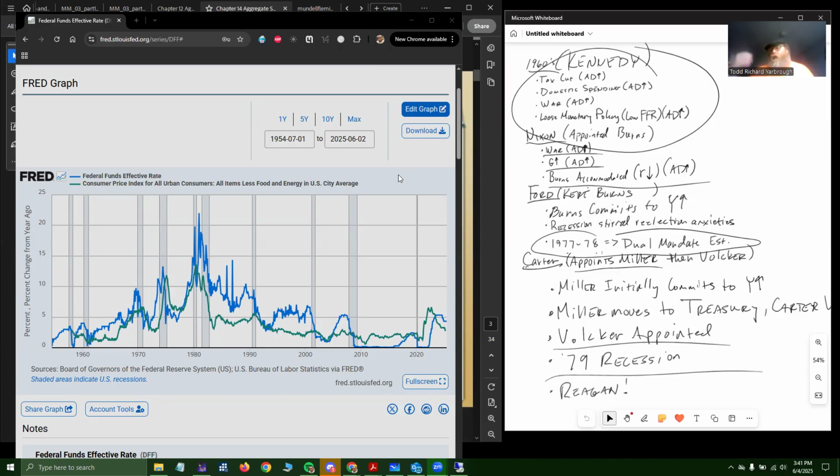Reagan is elected. Reagan reappoints Volcker, and Volcker continues to commit to fighting inflation all the way through the first couple of years of Reagan's tenure. There's a very serious recession in 1981. That again, that's the classic Volcker recession.